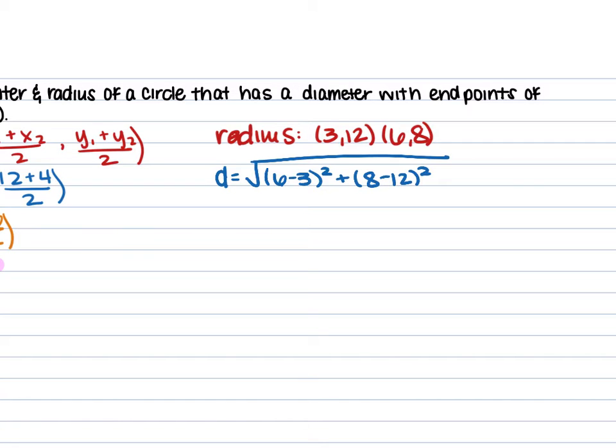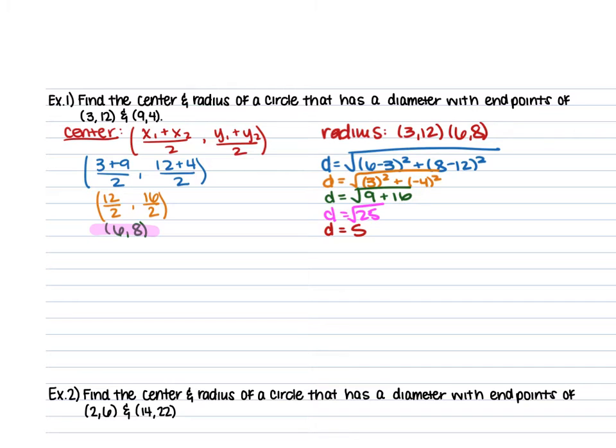The 6 minus 3 is 3. The 8 minus 12 is negative 4. So this is going to give us the square root of 9 plus 16, which is the square root of 25. And that gives us our distance of 5. So our radius is 5, and that center point is (6, 8).